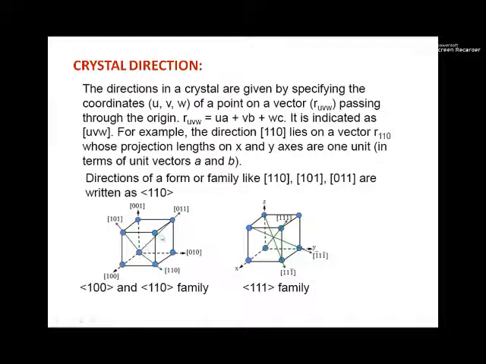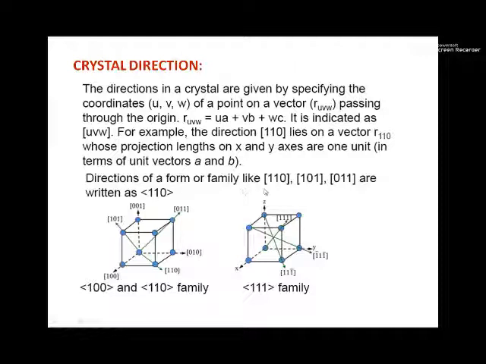So if you choose this direction, you have to join this point with the origin first, then you have to take the direction of this vector with u v w. Now it intercepts the x-axis at 0, so the value of u is 0. Now with the y-axis this is 1, so the projection is 1, and the projection on the z-axis is 1, so this will be the [1 1 0] direction.